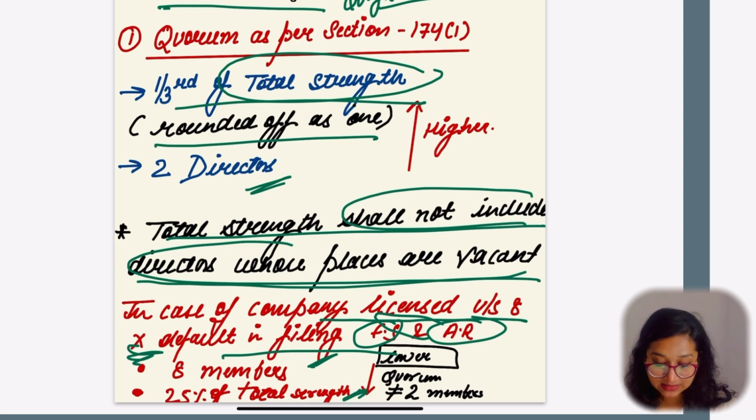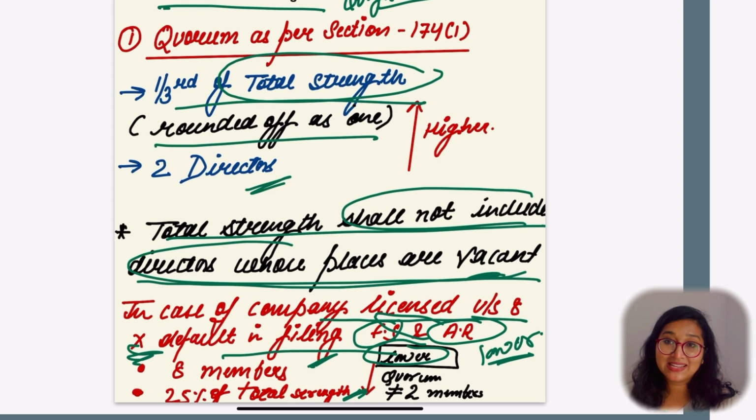Again, total strength means the same thing, excluding directors whose places are vacant. Is it clear? Among these we are going to take the lower one. But remember the quorum should not be less than 2 members in case of a section 8 company.